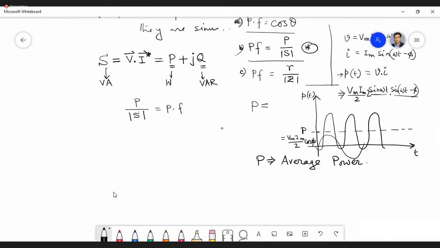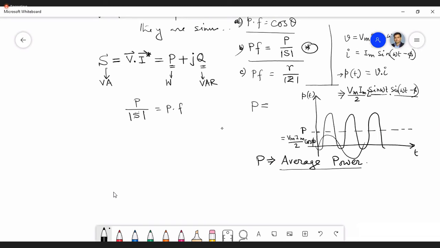Okay. Now, for non-sinusoidal quantities, we cannot define apparent power, active power, reactive power, but we can define average power, because we can find the average of any periodic quantity. Any periodic quantity will give you some average value and RMS value. So at least the average value we can find out.